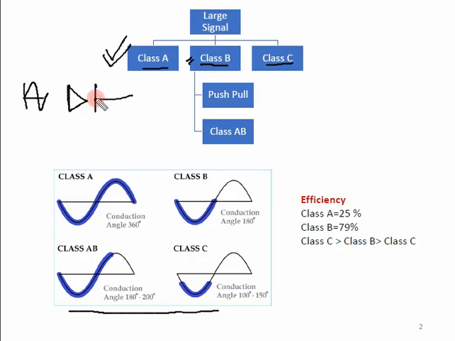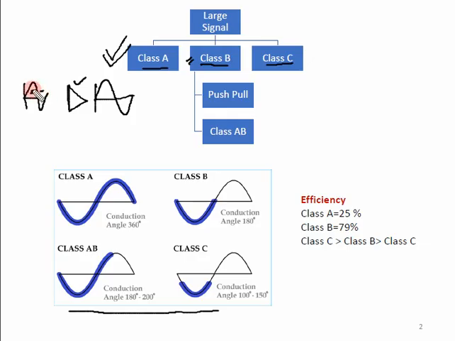If I am getting a full wave shape at the output, it means that this amplifier is operating over the entire cycle, both the positive one and the negative one.